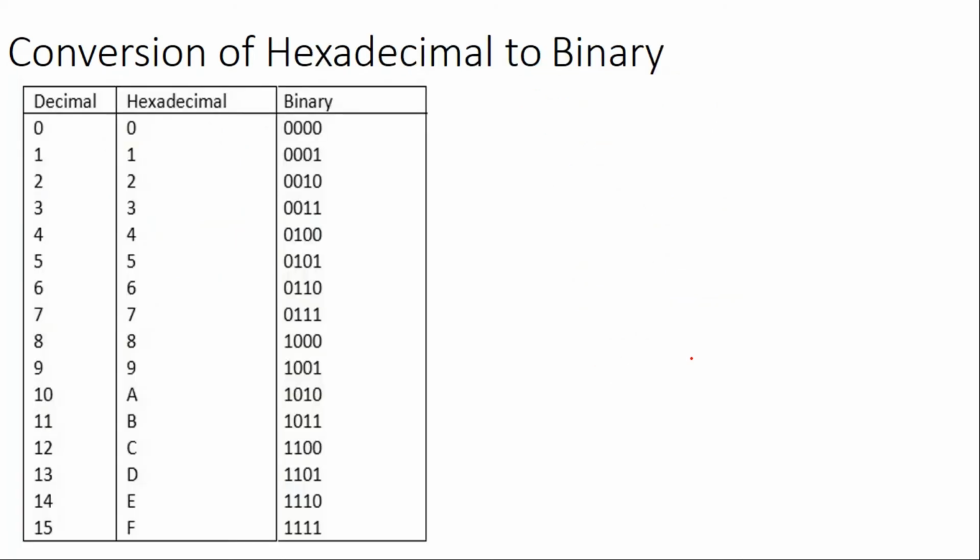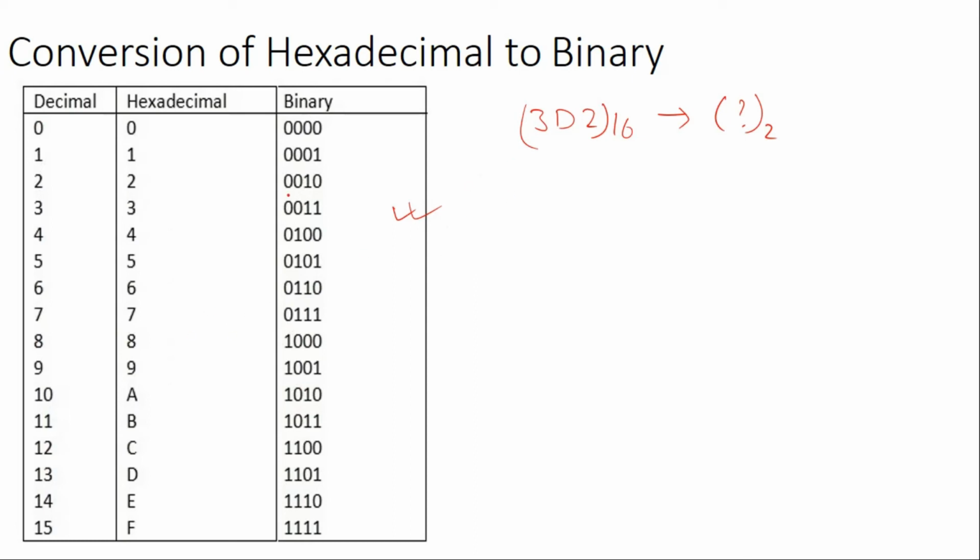Now conversion of hexadecimal to binary. This is the hexadecimal value. Suppose we have 3D2, and we have to convert it into binary, base 2. What we will do, we will follow this chart, this table. You can see in this table it is written clearly: this is the decimal system, this is the hexadecimal system, and this is the binary system.